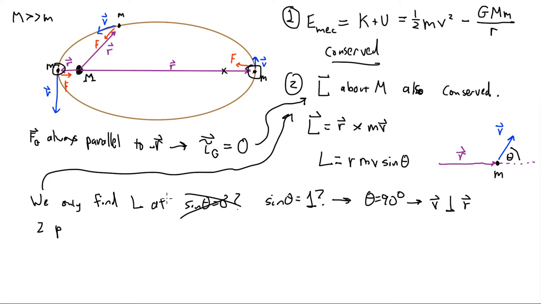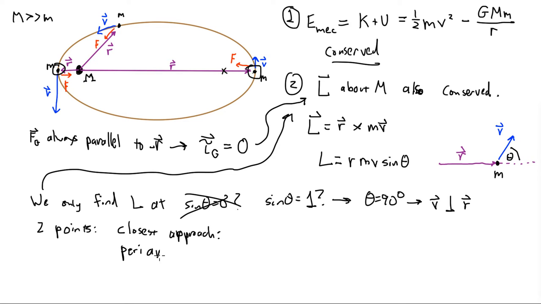So we only find L at 2 points, I guess I'll say here. And those 2 points are the closest approach, which in general is called periapsis.